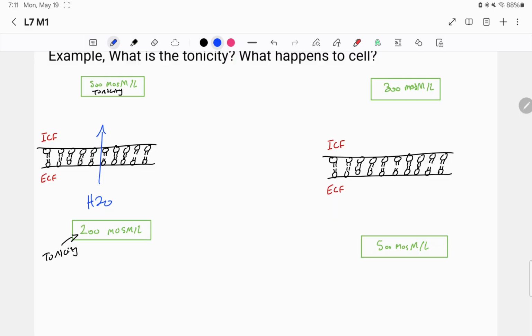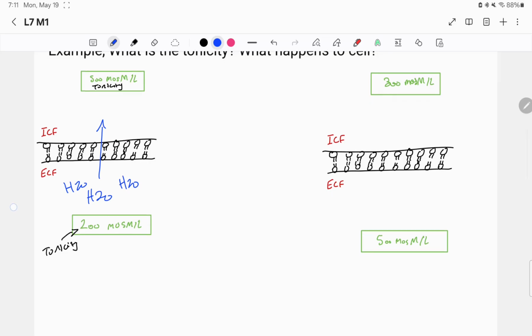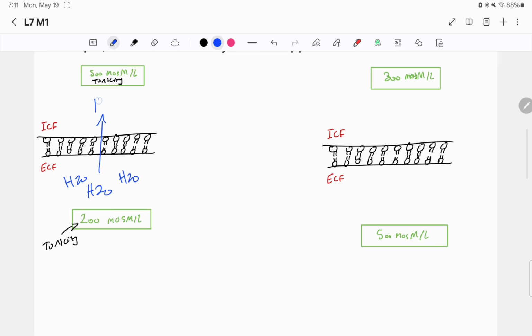Easy peasy. Now, we can also say if the water was in a high concentration here, okay, which generally it is, what would happen? The water would move into the cell, down its concentration gradient, but also following its non-penetrating solute gradient, okay?